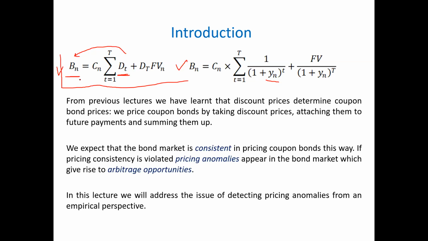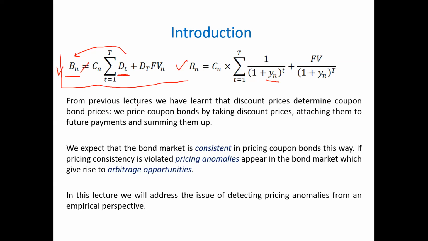If price consistency holds, so if this formula holds, then we can say that price consistency exists in these treasury bonds markets. If it does not hold, if pricing consistency does not exist, then essentially we get pricing anomalies, meaning that in a certain way we just see that this equality does not hold.